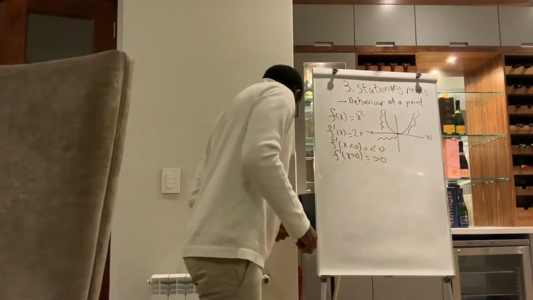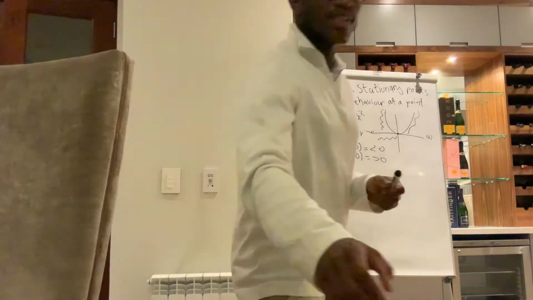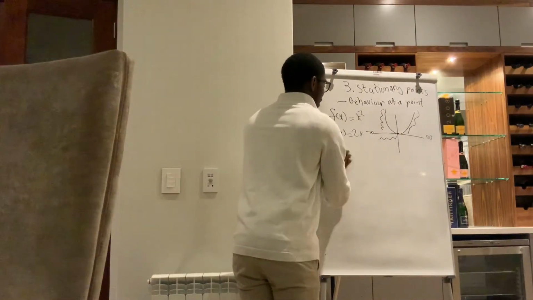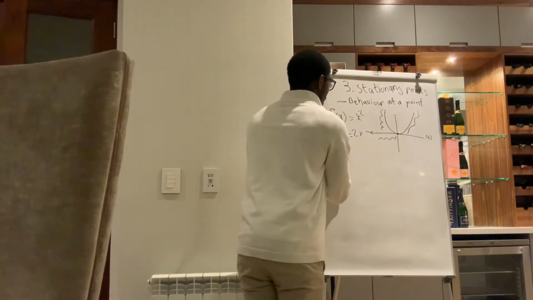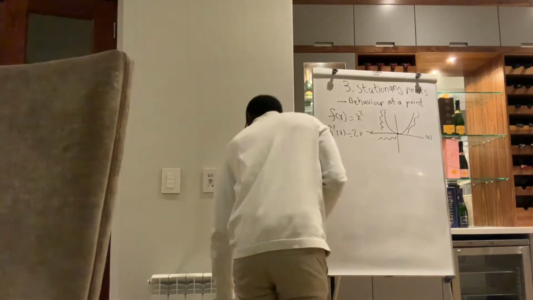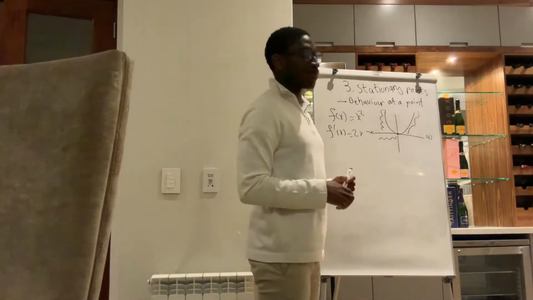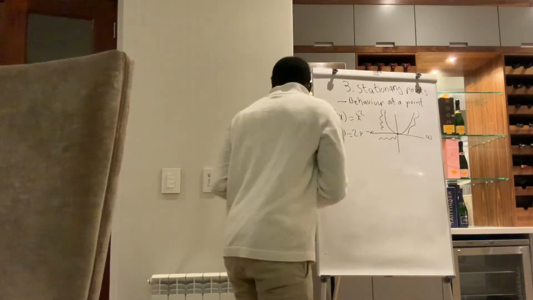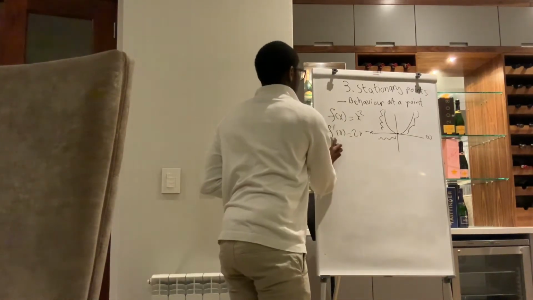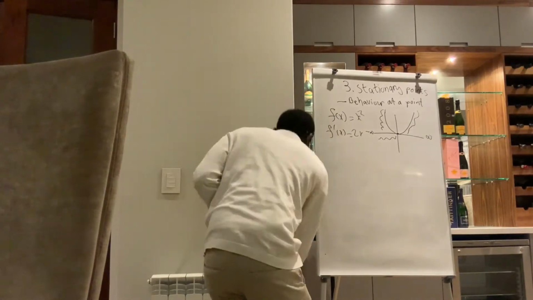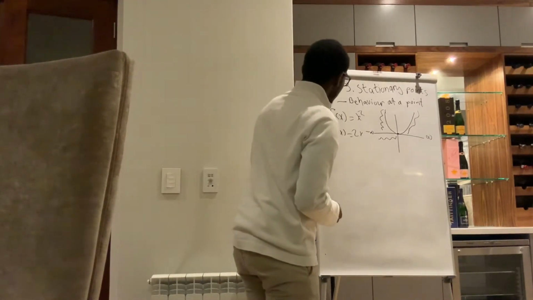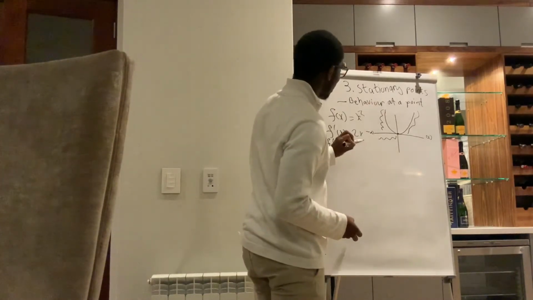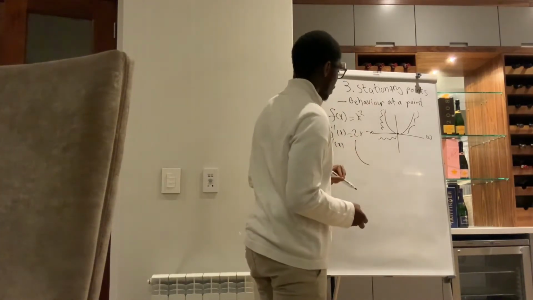But what does it actually mean to say that the derivative is positive or the derivative is negative? What do you notice about the function at those two points that we've said? At points where the derivative of the function is negative, we've seen that the function is doing this, right?